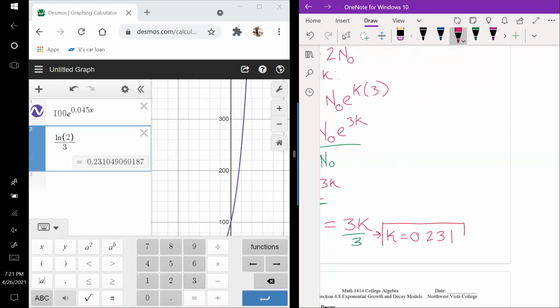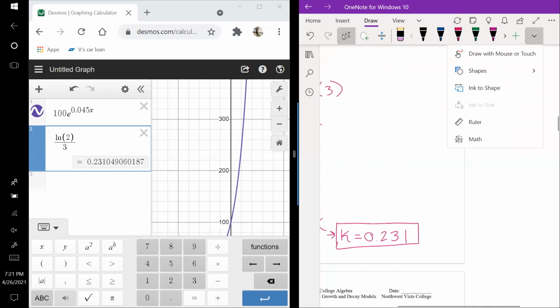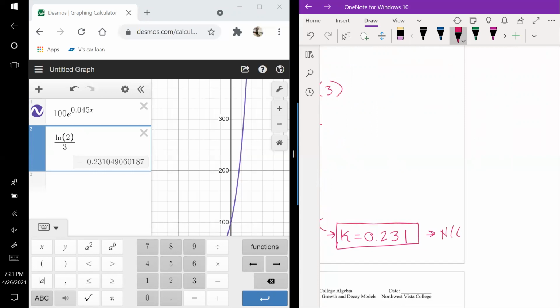Here's the value of K. But this problem's almost done because it says, find the function that gives the number of cells in the pool. So the last piece of this is to create the function N of t equal to N initial times e to the 0.231 t. There we go. There's our function.